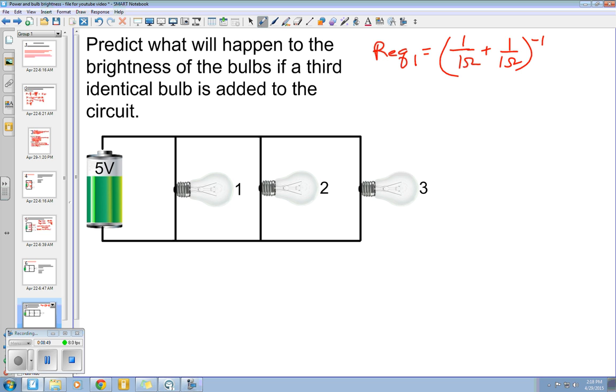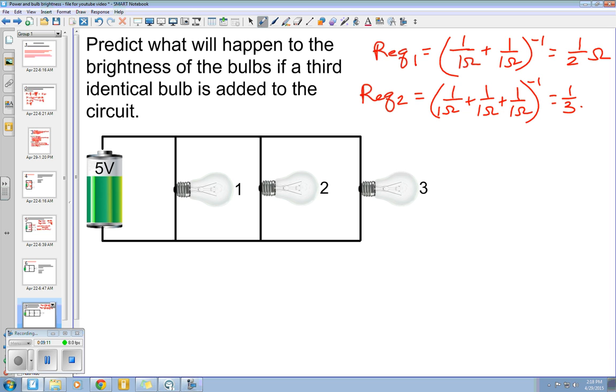So that's going to be 1/2, because you get 2 inverse, which is 1/2. REQ of circuit 2 is 1 over 1 ohm plus 1 over 1 ohm plus 1 over 1 ohm. So that gives us 3 inverse, which is 1/3 ohms.